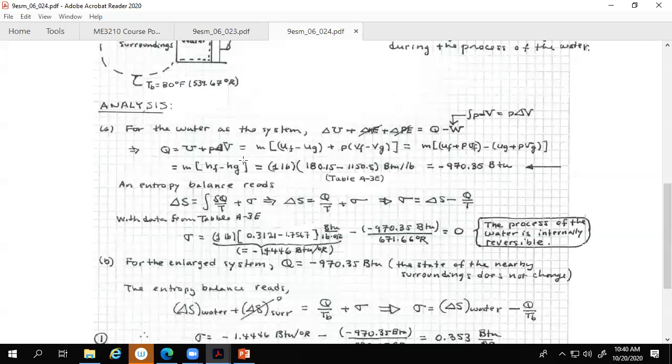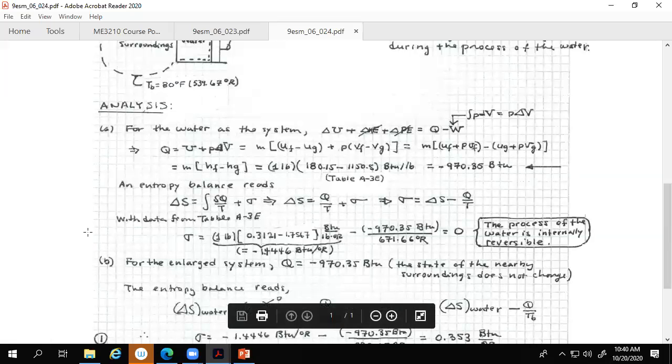It's negative because we took it to the other side of the equation, because we have to transfer heat out of this in order to get it to condense. So we've got 1 pound mass, the enthalpy of the liquid and the enthalpy of the vapor, and it comes out to 970.32 BTUs that have to be transferred out in order to condense this 1 pound of water.